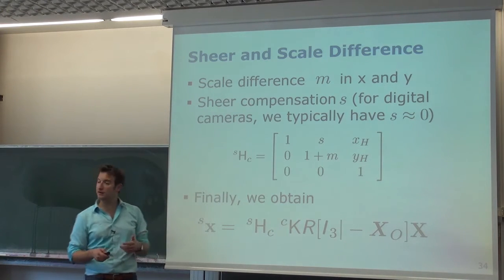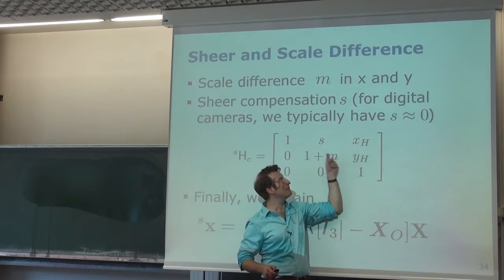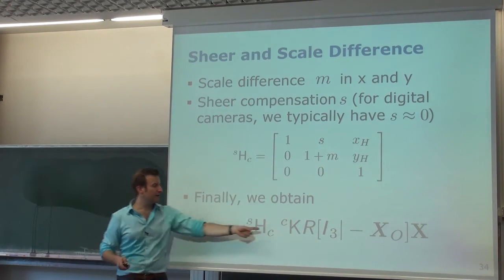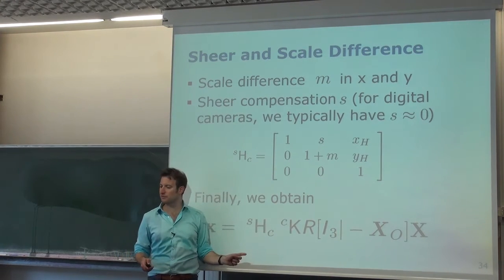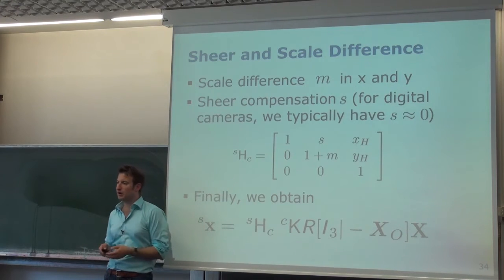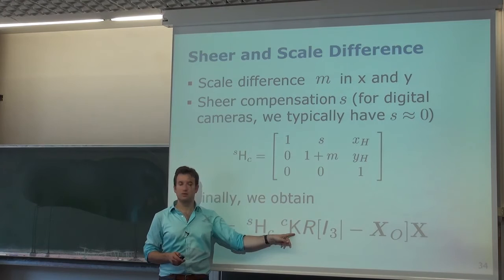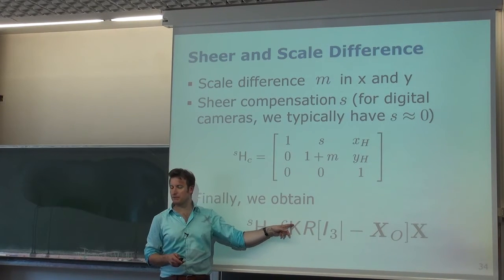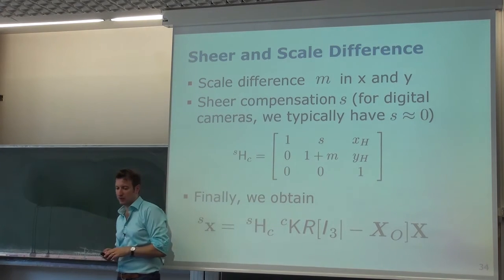What I can then do is define a new calibration matrix, because these are parameters which I would associate to the camera and to the camera setup. So I can combine this calibration matrix with this transformation and define a new calibration matrix, which is just the product of those two matrices. This one was a scaling by the camera constant, and this is exactly the transformation that we have here.